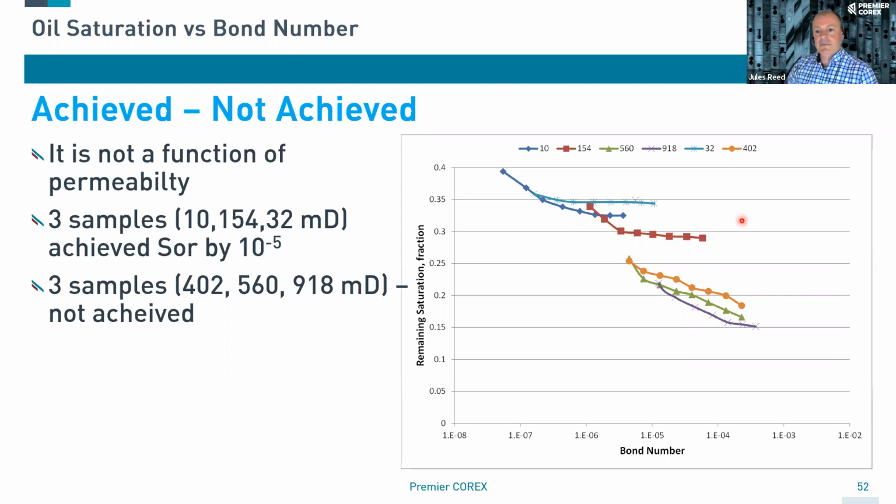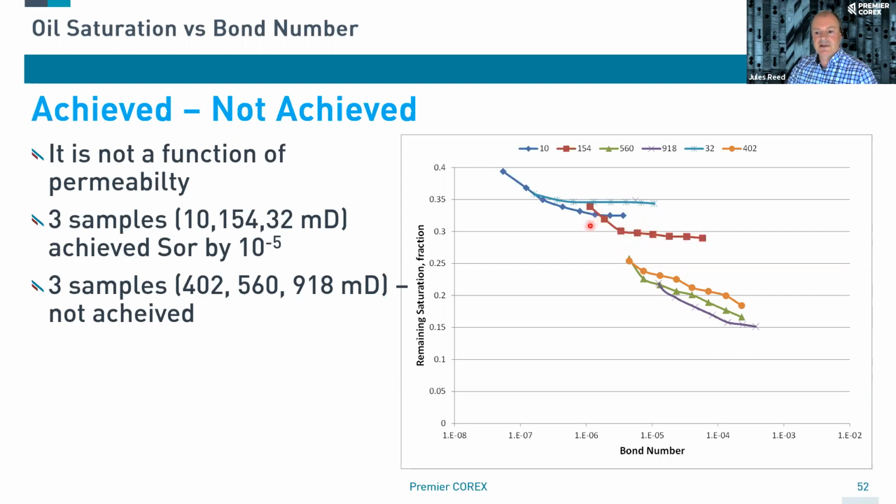So this is the one way. You perform a multi-speed centrifuge test. That tells you here, well, we're basically at residual here. So whatever force was used for that sample, that's the force we need to apply to get residual saturation for that rock type.